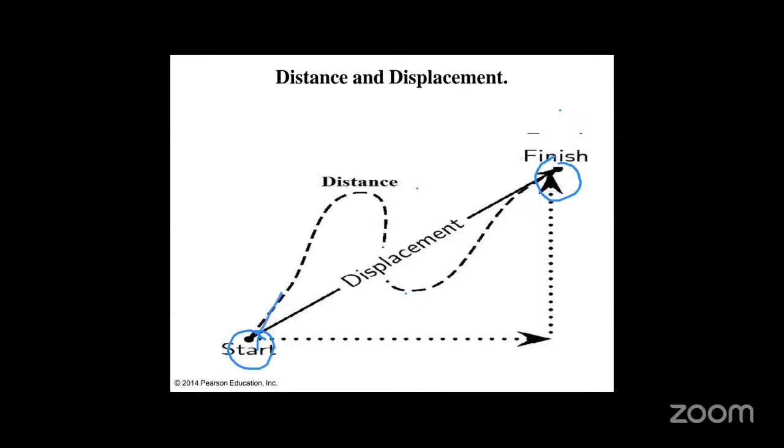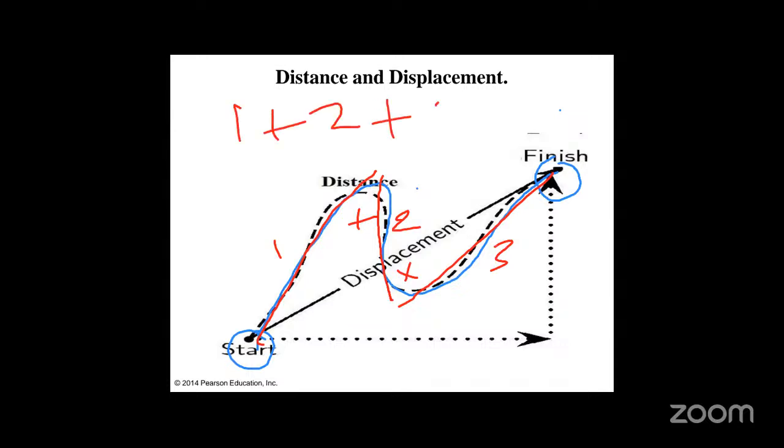It moved in this zigzag way. So if I want to find the distance, I will measure from here to here, and from here to here. So if this is 1, this is 2, this is 3, that would be 1 plus 2 plus 3.